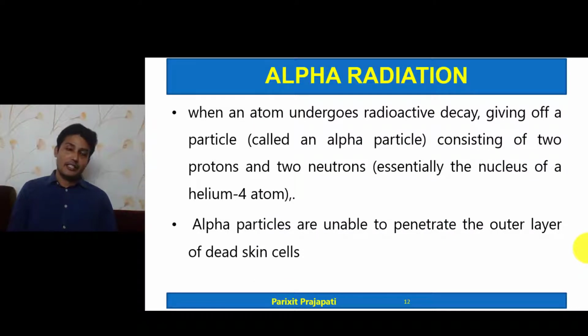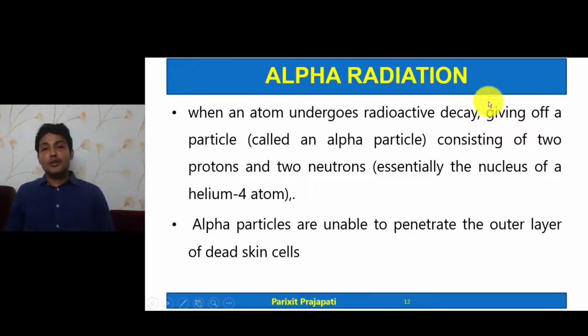Now what is alpha radiation? When an atom undergoes the radioactive decay process, it releases some amount of energy in the form of a particle, and that particle is known as an alpha particle. It consists of 2 protons and 2 neutrons, so the atomic mass is 4.